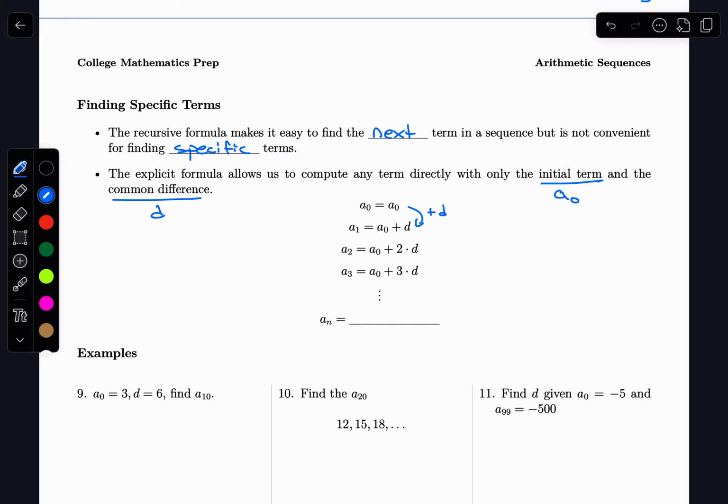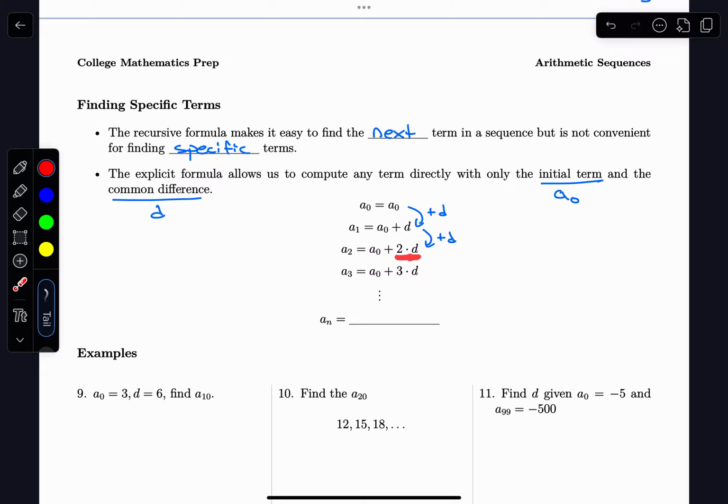So all I did to go from the first one to the second one was do plus d. So now I want to find a sub 2 for the third row here. A sub 2 is equal to a sub 1 plus d again. So all I have to do is add d again to get there. But instead of writing it as a sub 1 plus d, I'm going to leave it as a naught here. But since I already had a naught plus d, and then I'm adding d again, now I have a naught plus 2d.